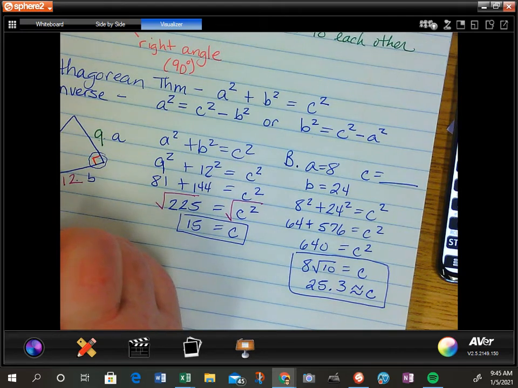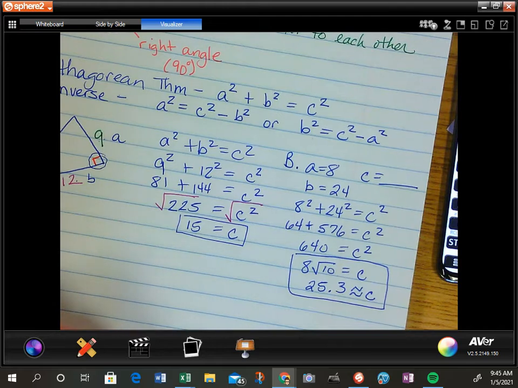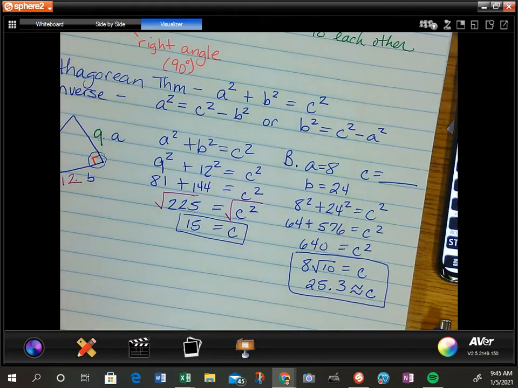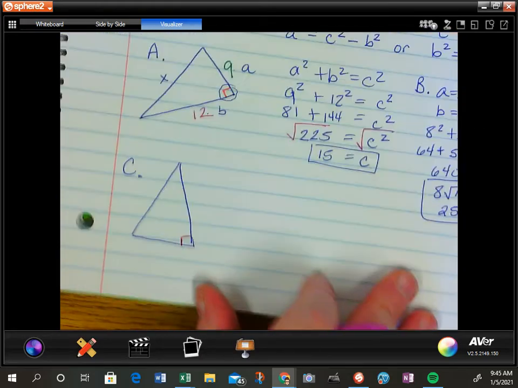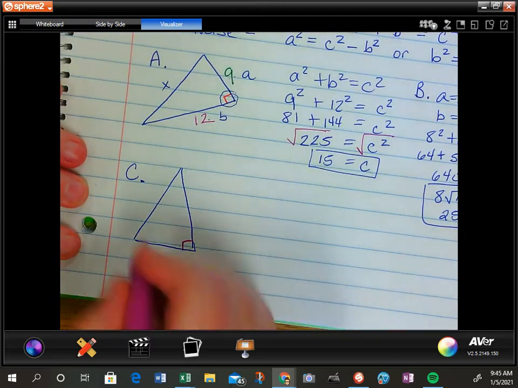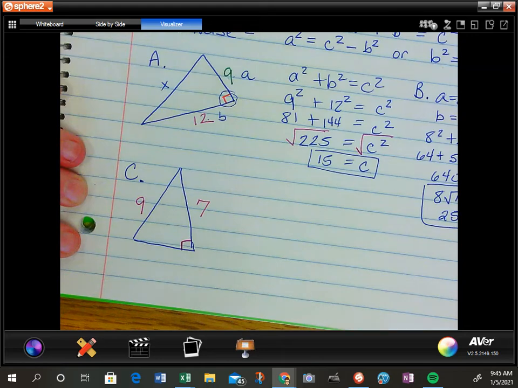And I've got a right triangle. Like I said, looks are deceiving. Here's my right angle. This is 9. This is 7.